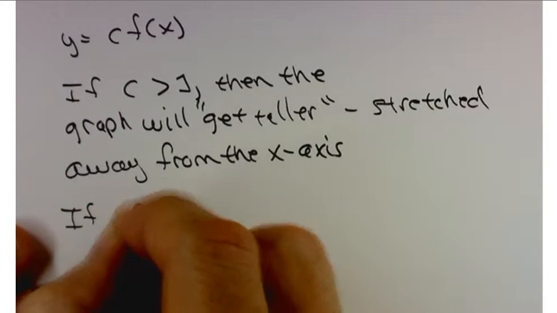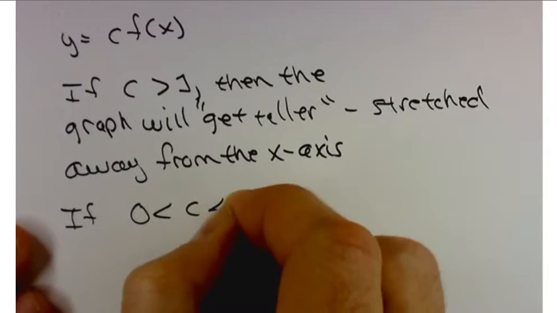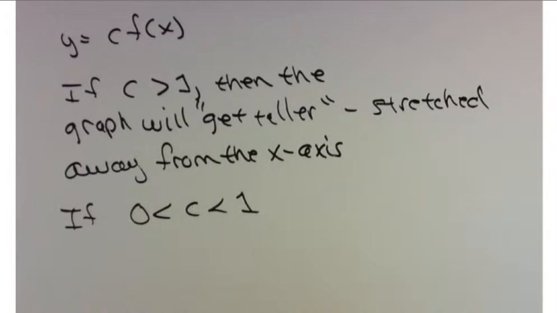So the case when c is bigger than 1, you're going to get stretched away from the x-axis. It's going to be stretched up. If c is between 0 and 1, then what happened? What happened when we had 0.5x squared? Yeah, it got wider. Effectively, you're pulling it down towards the x-axis. You're grabbing it and putting some weights on it, pulling it down.